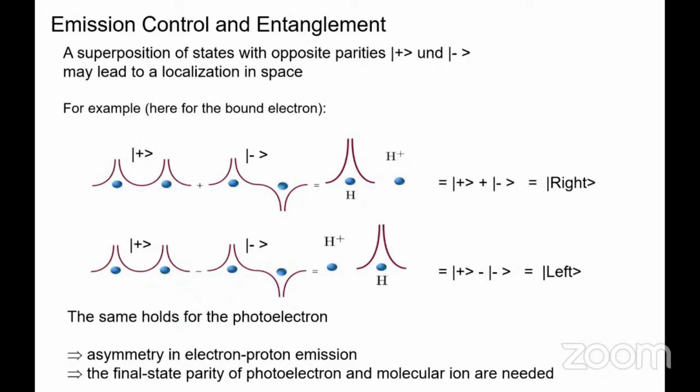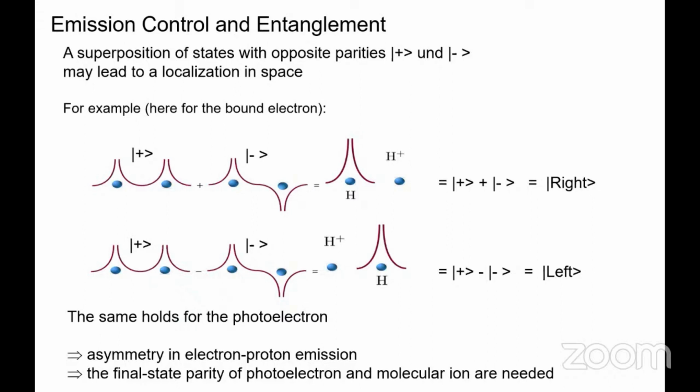And for example, for the bound electron, the electron in the H2 plus, positive parity would be if I write it as a sum of electrons sitting on the left or electrons sitting on the right with a plus sign here, and the same. I can change the signs here, and this way then we get an asymmetry in the final state. Electron is sitting on the left or electron is sitting on the right.